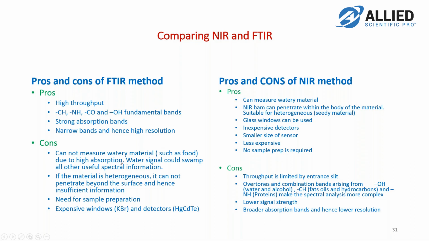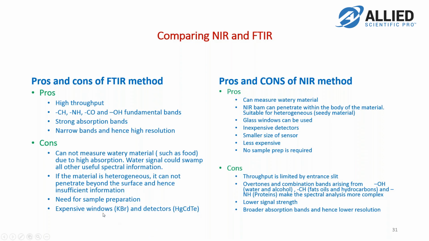It cannot measure watery material, because water signals swamp all the useful spectral information. And if the material is heterogeneous, it cannot penetrate beyond the surface. Near IR turns out to penetrate more, beneath the surface. So once you do FTIR, you only get information about the surface in the reflective mode.